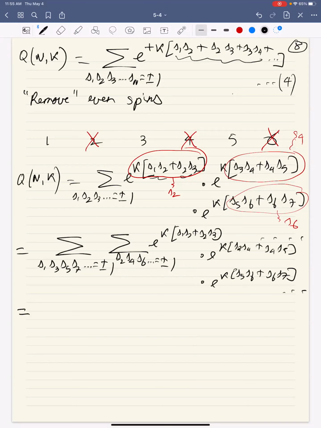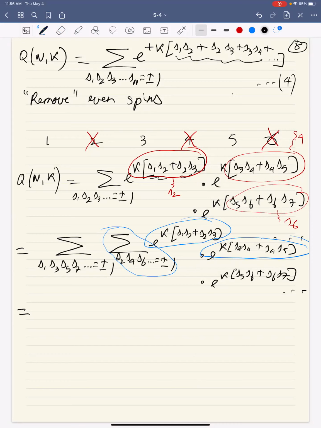I can make the summation even cleaner. I have this complicated sum, which has S2, S4, S6, everything. But there is only one term that depends on S2, this one over here, right? There is only one term that depends on S4, this term over here.